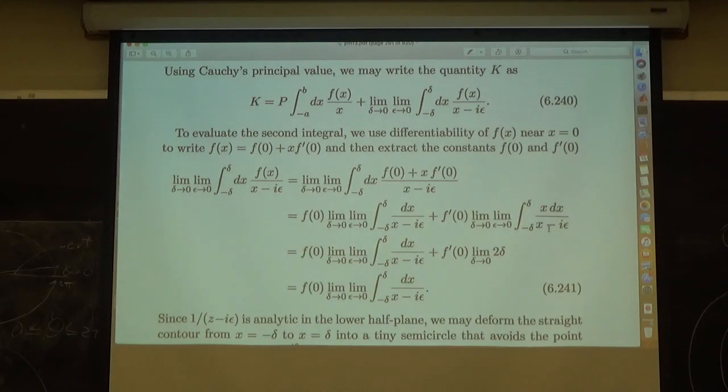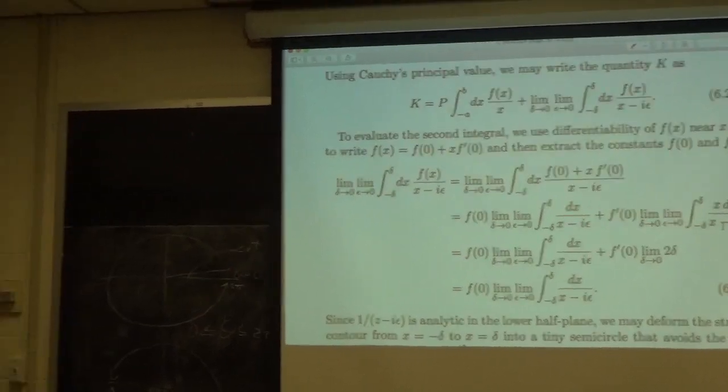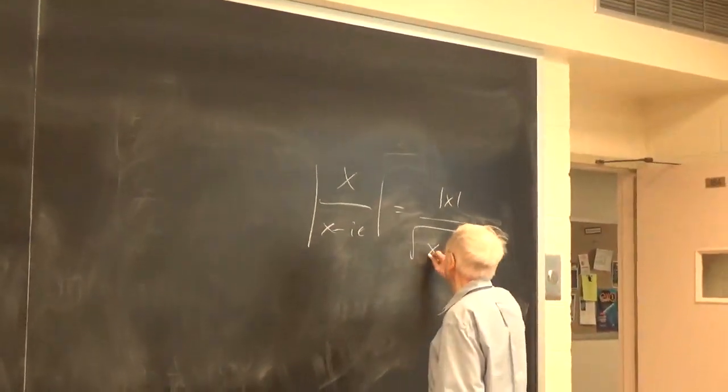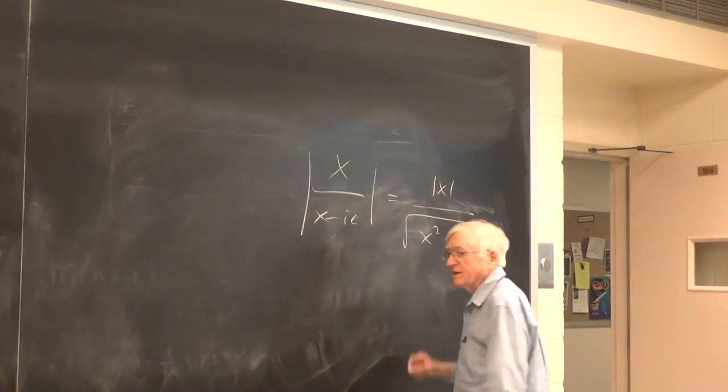Maybe I should write this down. All right. The magnitude of x over x minus i epsilon is the magnitude of x divided by the square root of x squared plus epsilon squared.